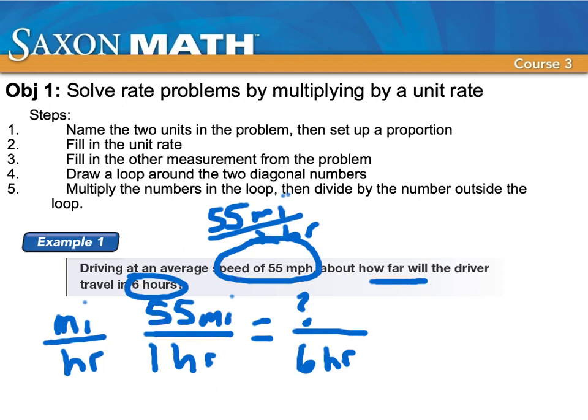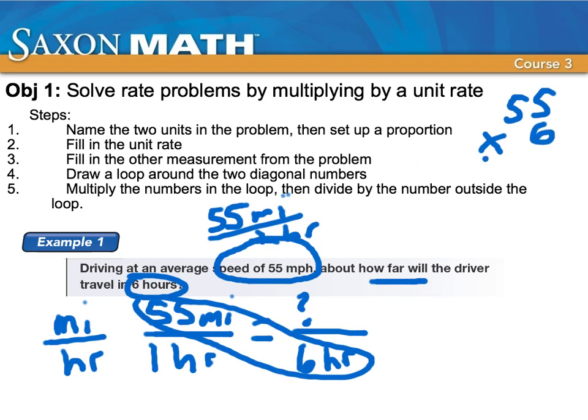Alright, so draw your loop. Loop-de-loop. And we're going to multiply the numbers in the loop. We got to do 55 times 6. 5 times 6 is 30. Carry the 3. 5 times 6 is 30, plus 3 is 33. So I got 330. Then I divide that by the number outside the loop. Well, that's just 1.